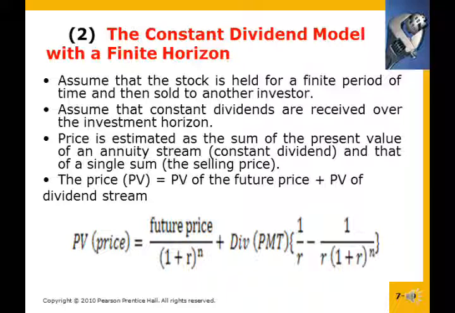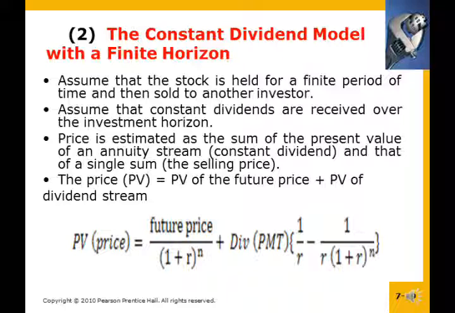So to get the present value, the price, in the case of the constant dividend model with a finite horizon, you have to get the present value of the future price and the present value of the dividend stream. So present value equals future price divided by 1 plus r to the power n. What is this? It is the present value of the future price. Future price is a lump sum.